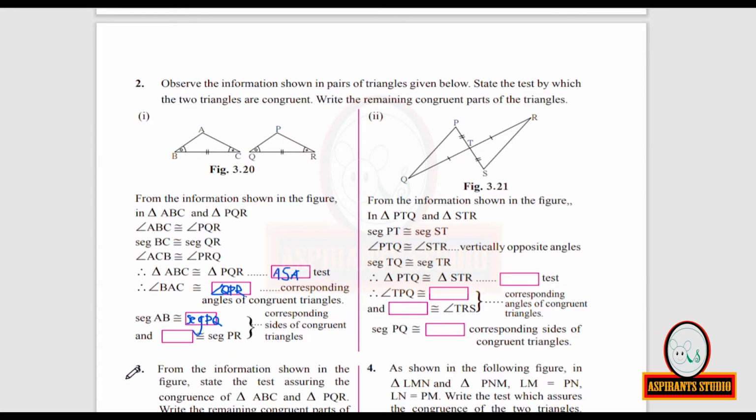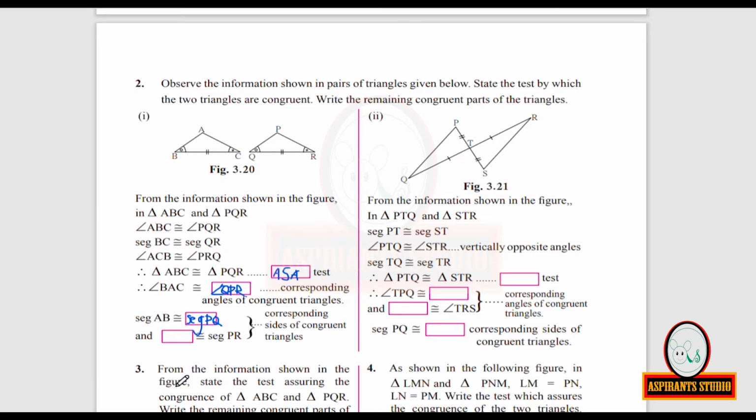Now coming to the next one. Now you are given, on the right hand side, segment PR. So for the second triangle, the side is given as segment PR. So the corresponding side of the first triangle you have to see. A corresponds to P and C corresponds to R. These are the correspondence of the vertices.